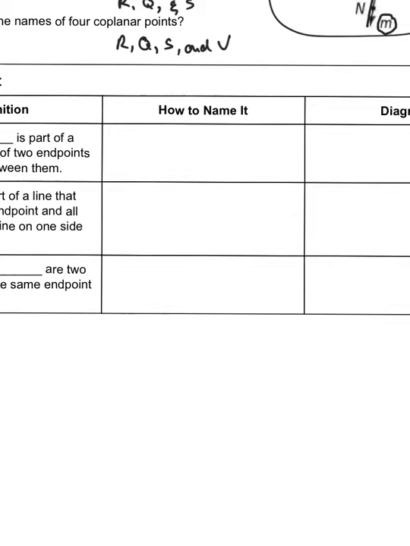All right, so here we have a segment. It's part of a line that consists of two endpoints and all points between them. So we name a segment by its two endpoints. So here I have a point, then my line, and then a point.